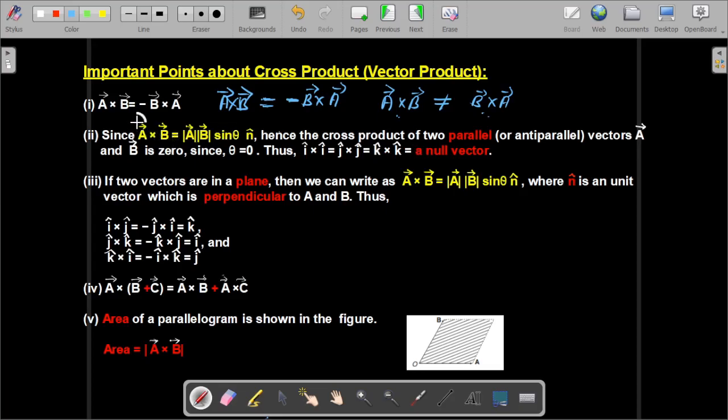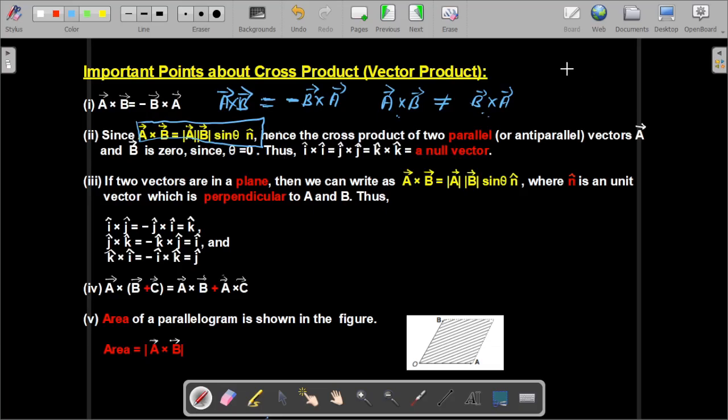From the definition of cross product, A cross B equals AB sin theta n cap, which is opposite for B cross A. Hence the cross product of two parallel or anti-parallel vectors A and B is 0, since sin theta is 0.